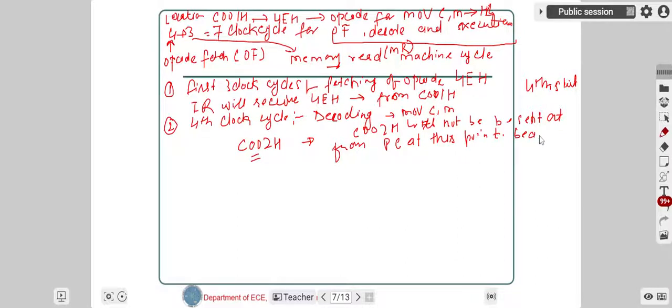Because why? Because the MOV C,M instruction has not been executed till the fourth T state.